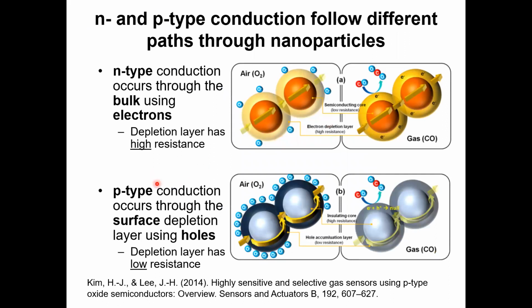On the other hand, if it's a P-type material, oxygen absorption will create a surface accumulation layer, an accumulation of holes, and your conduction will be through the surface layer. So in this case, as you react your target gas, like CO, the resistance will actually go up. So N-type is reverse, and P-type is just the opposite.